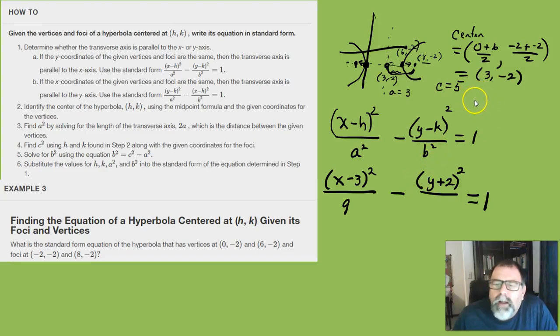So if C is 5, now we're going to come down here and use this equation. So b squared is equal to c squared, which is 25, minus a squared, which is 9. And then 25 minus 9 is 16. And then that's all you leave it. We don't need to know that b is 4 and then 4 squared is 16.